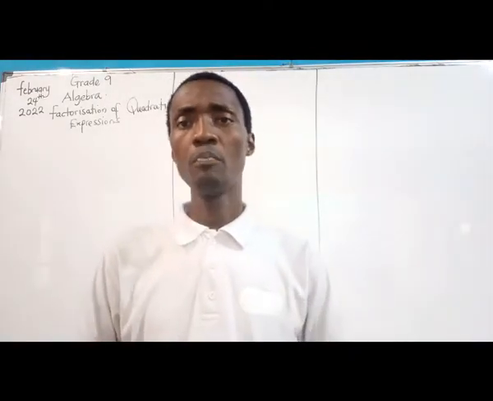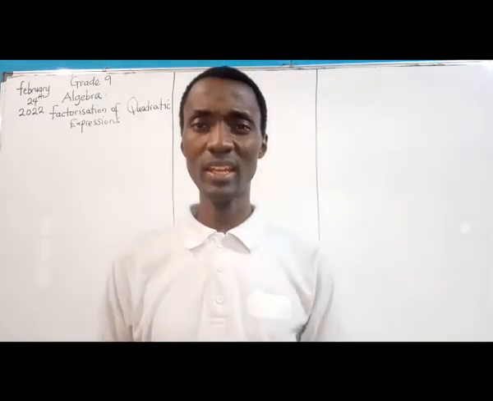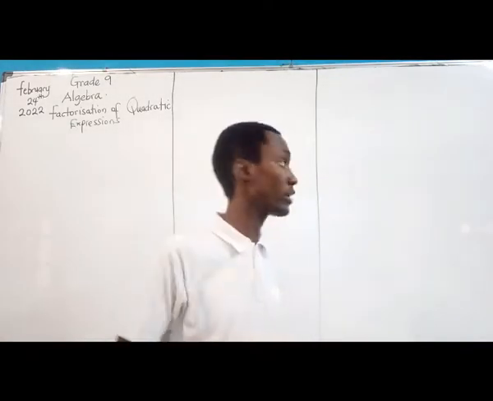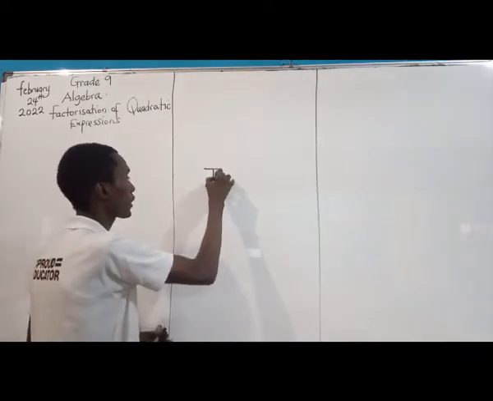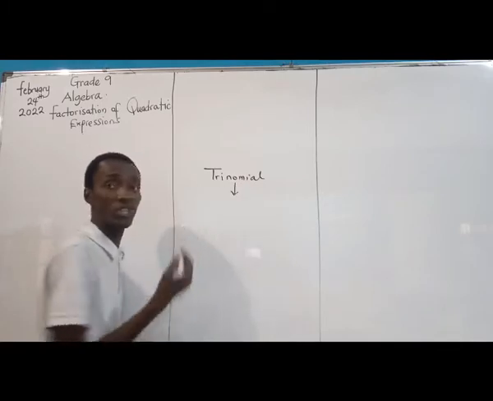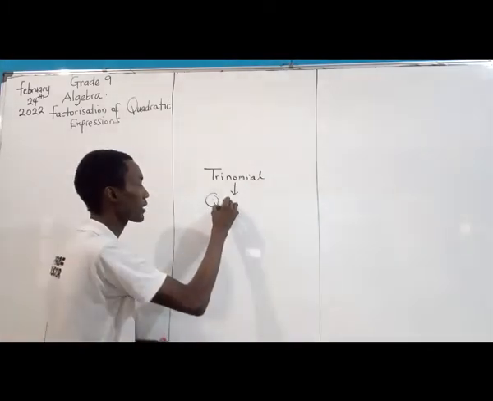expressions. Before we go into saying anything, let's take a hypothetical case. Now, we said that a quadratic expression is a trinomial. So let's take a quick summary. We look at a trinomial. We imagine one of it being your quadratic.